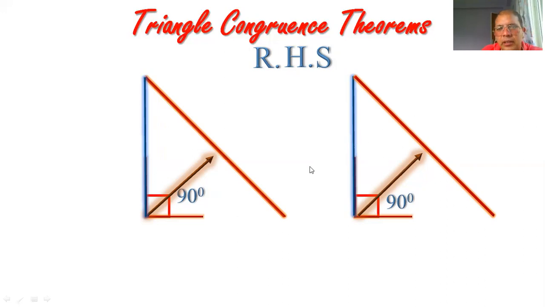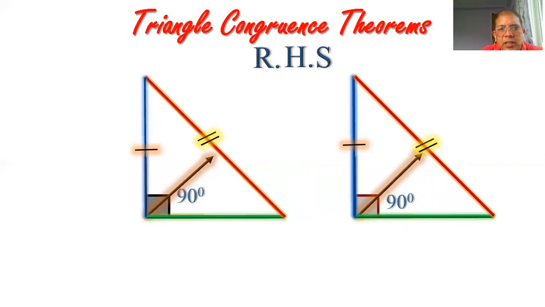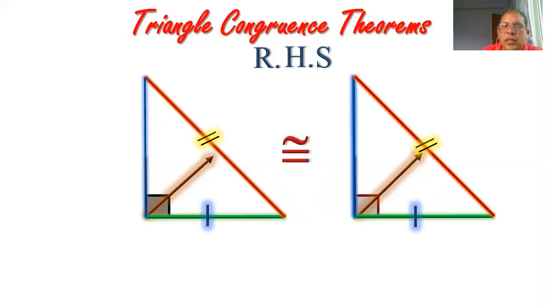By the R.S.S. axiom, these two triangles are congruent. This hypotenuse is equal, the side is also equal, then these two triangles are congruent. Finally, by another method, it is by another side. So the angle is a right angle, it is the hypotenuse, and this is a side, R.S.S. also. Then you can see these two triangles are congruent.